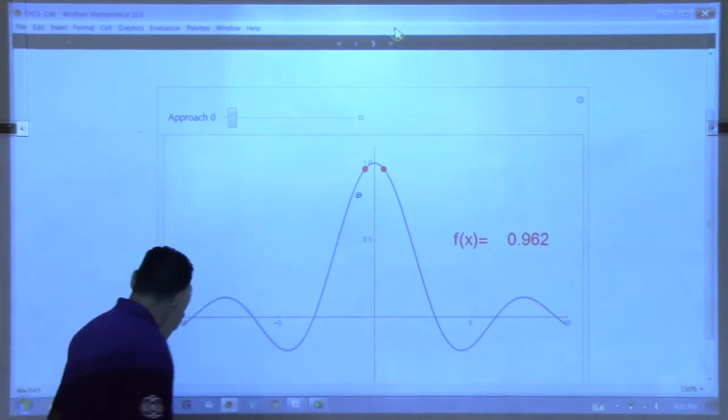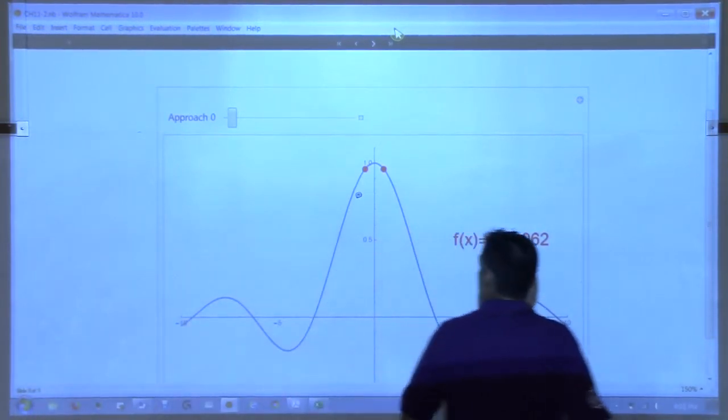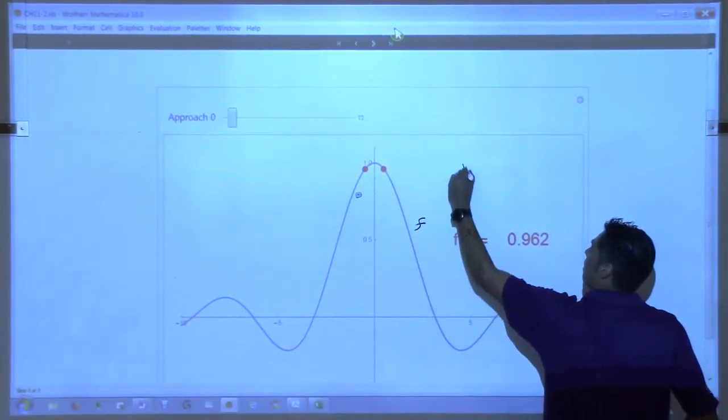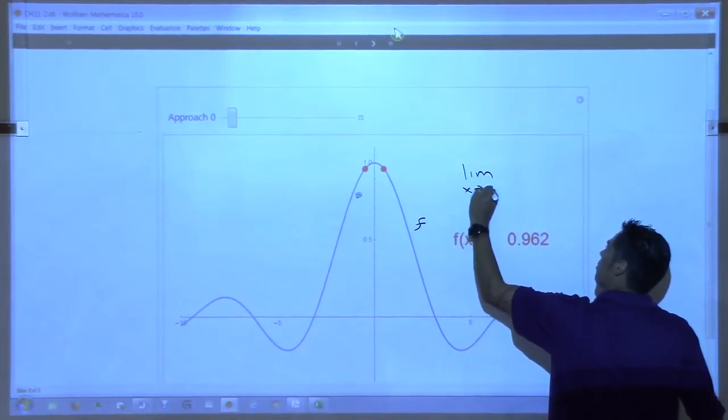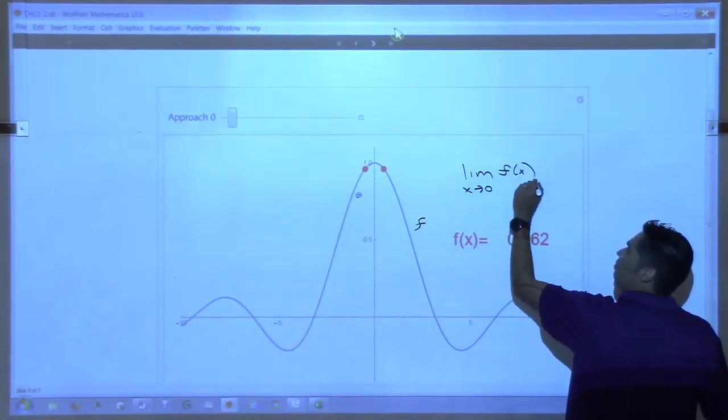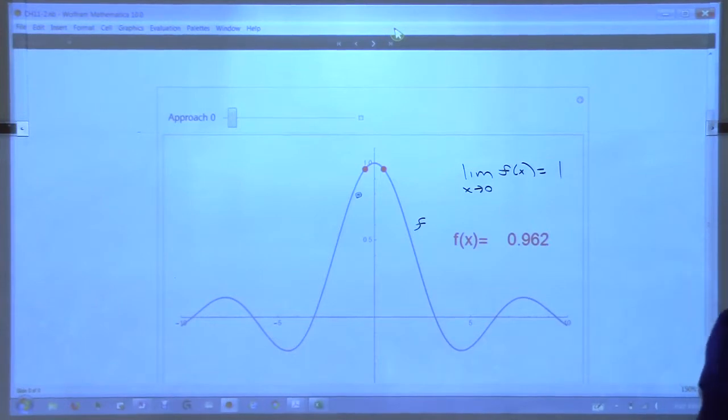For this one, if this is the function f, and we're asked what the limit as x approaches 0 of this function is, we would say it's 1, wouldn't we? And that's because as we approach 0 from both sides, the function is headed towards 1, yeah? But we had to check from both sides.